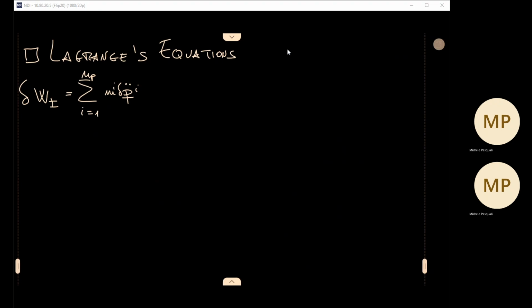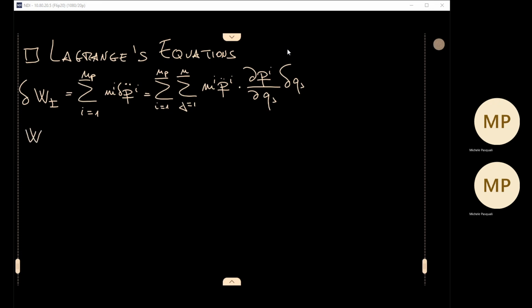Okay, so we now express this in terms of generalized coordinates. And this becomes m_i p_i double dot times the derivative of p_i with respect to q_j times delta q_j, as we have already seen.